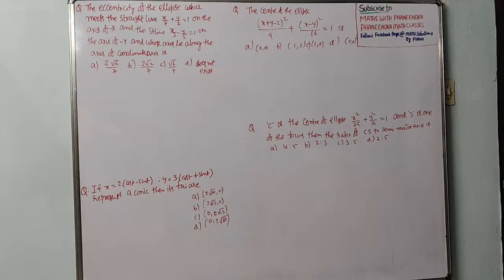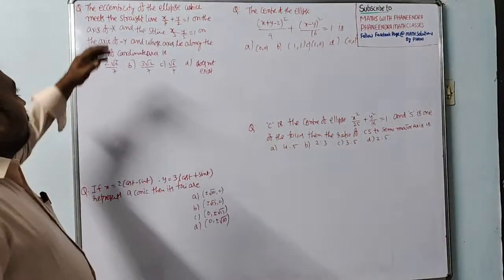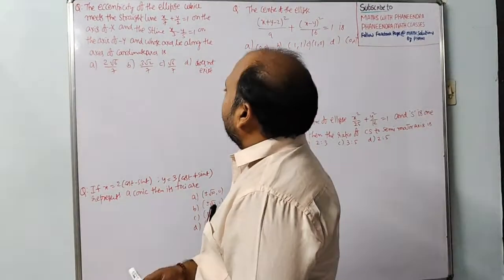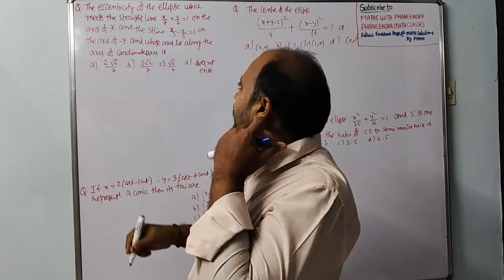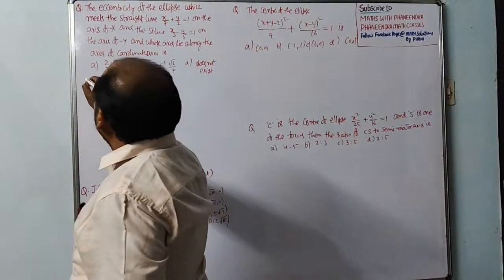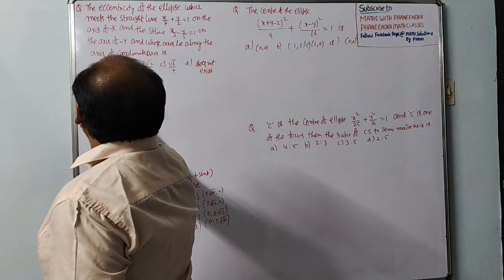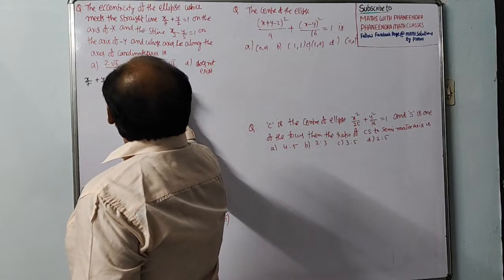So how to calculate the first question here. The eccentricity of the ellipse which meets the straight line x by 7 plus y by 2 equal to 1 on the x axis.